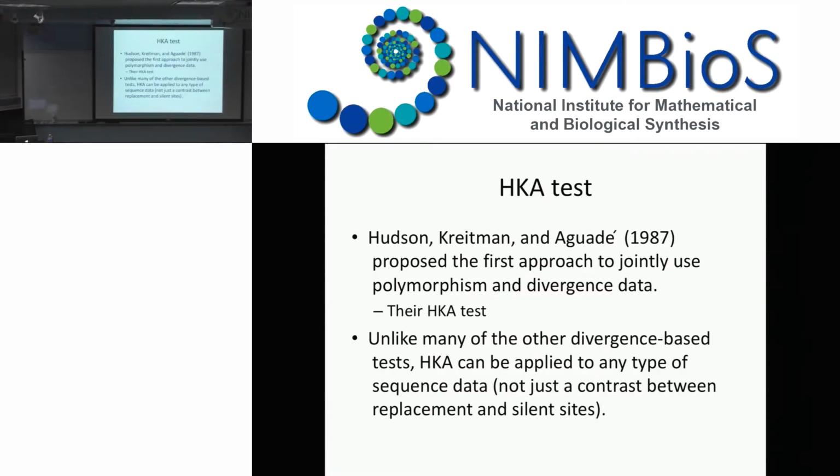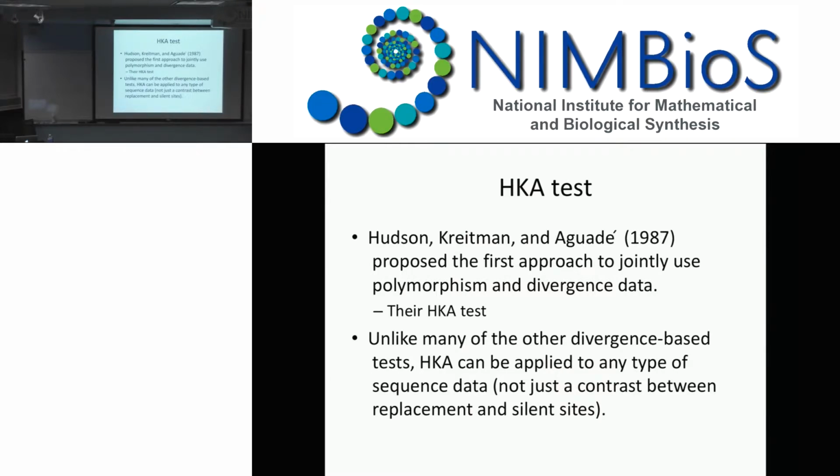So they proposed the first test to jointly use polymorphism and divergence data. McDonald-Kreitman takes a given gene and looks at synonymous, non-synonymous. The HKA test basically takes a series of genes and looks across gene 1, the ratio of divergence to polymorphism, across gene 2, across gene 3, etc.